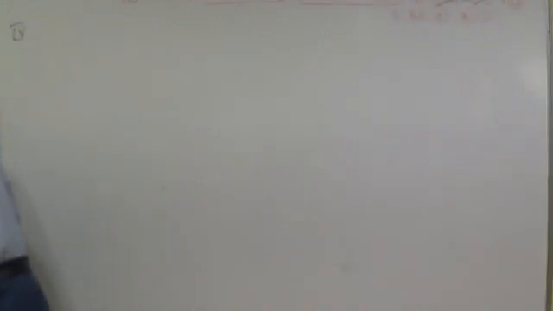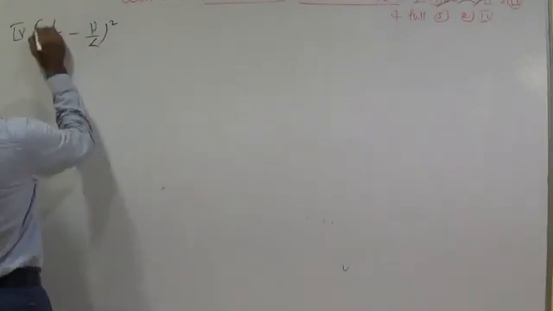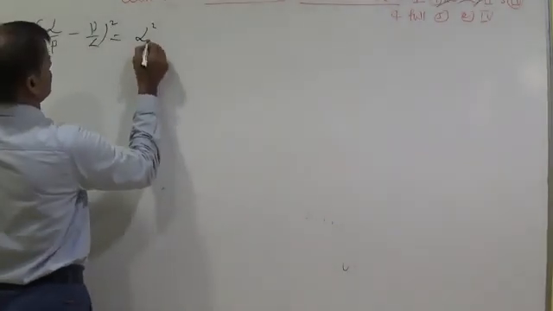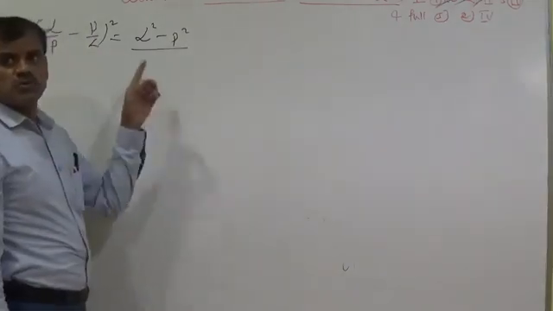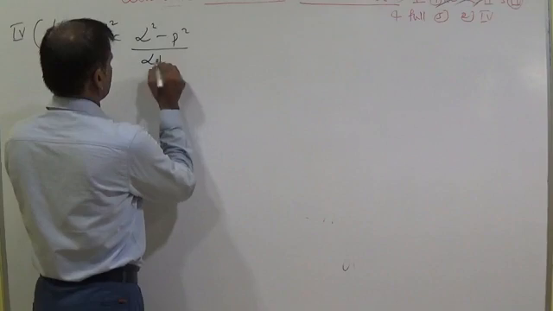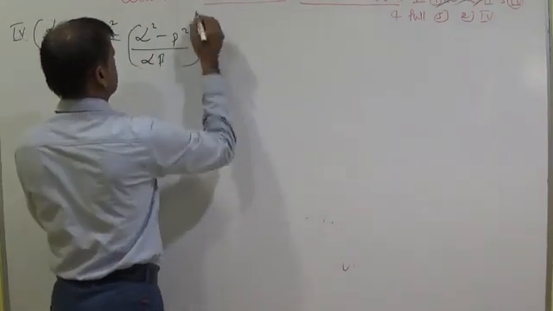Next one, fourth one: alpha by beta minus beta by alpha whole square. You can write this one as alpha square minus beta square by alpha beta total whole square.